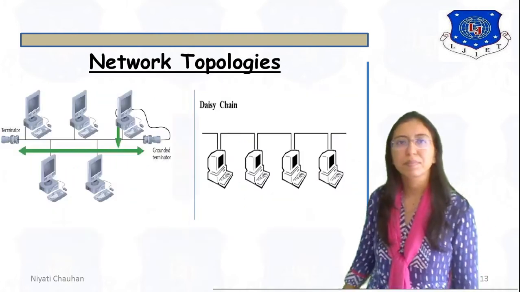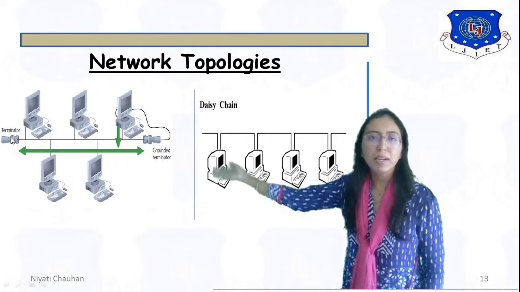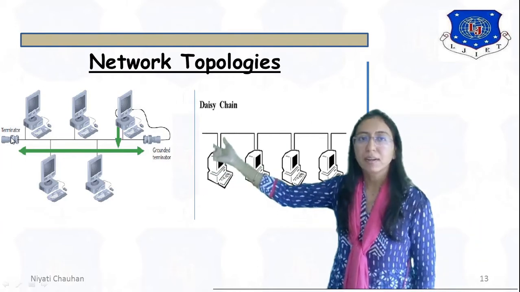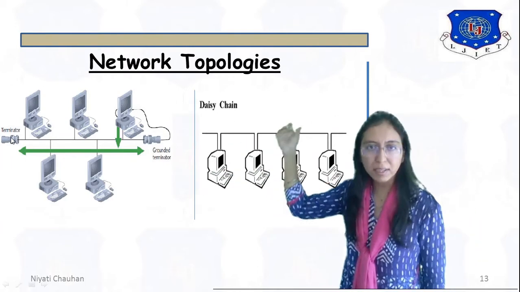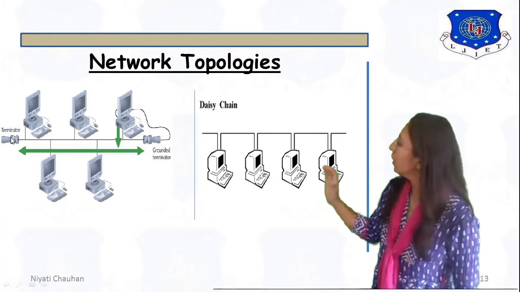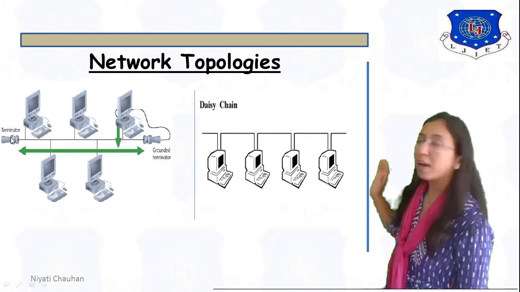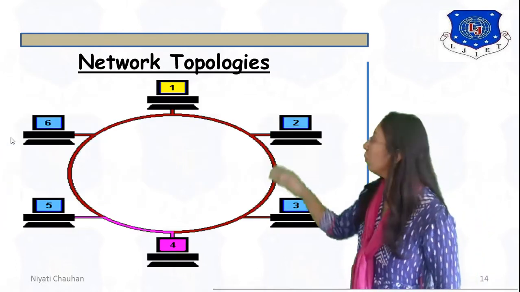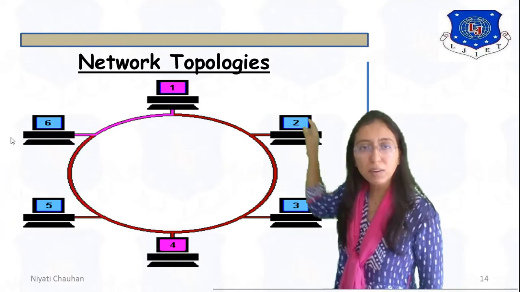Next is terminator topology. In terminator topology, we are sending data through the terminator. After that is daisy chain. In daisy chain, we are sending data in sequencing form. This is a ring topology.